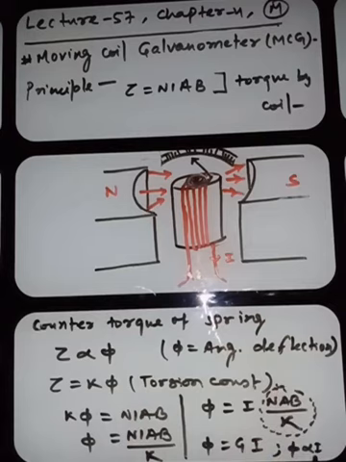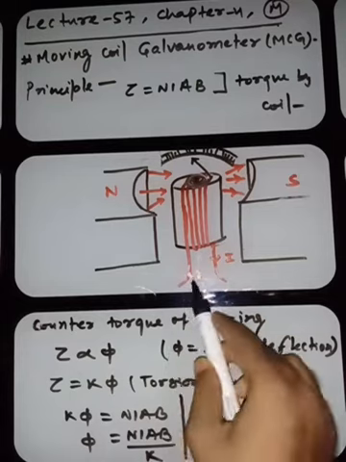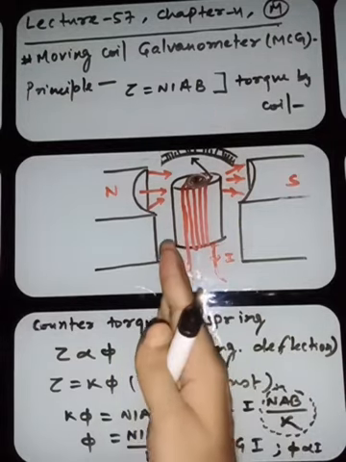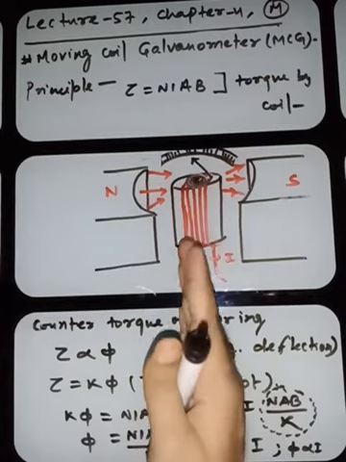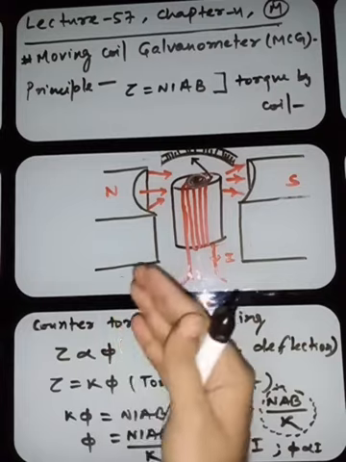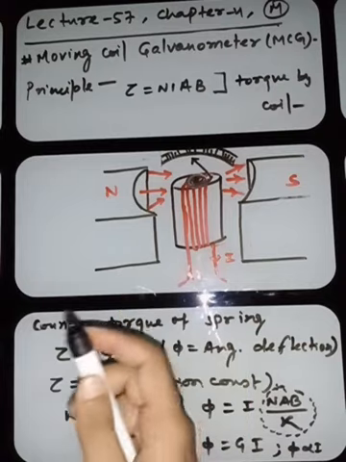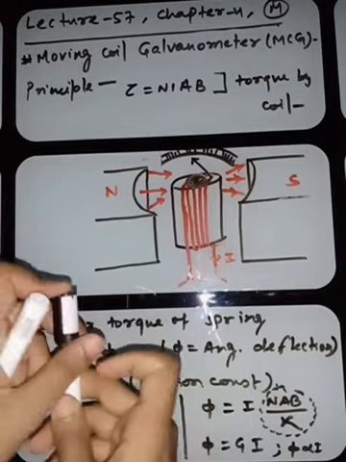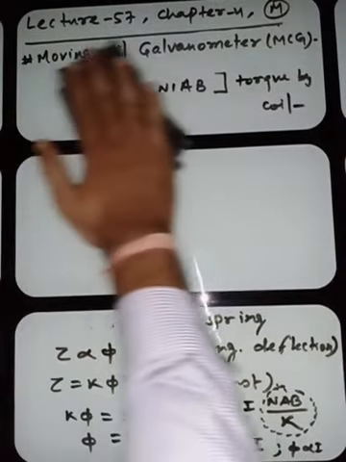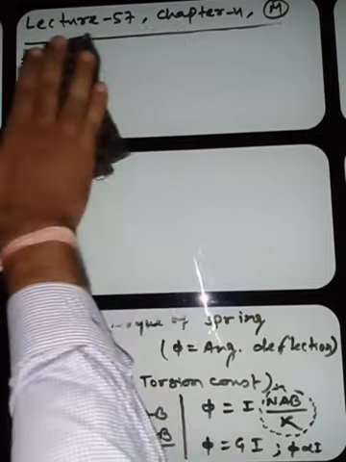As you decrease the current, the deflection will decrease. If you give a very small amount of current, it will deflect very little. How much it will deflect depends upon the sensitivity of this galvanometer. That is our next topic we are going to cover here, the sensitivity of the galvanometer. All right, so give the heading: sensitivity of galvanometer.